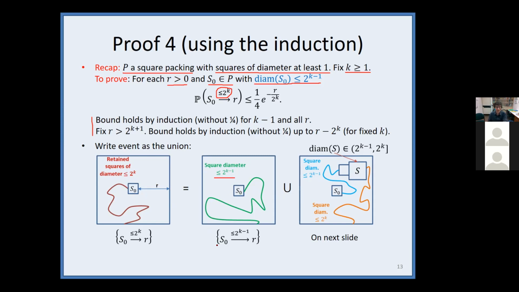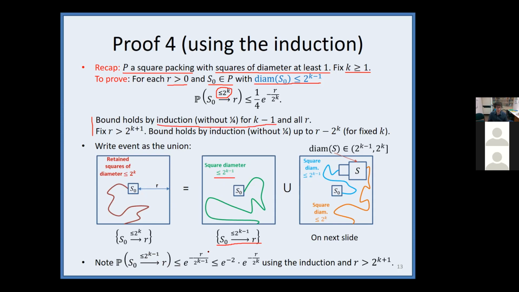Let us start with this easy case, when you go to the distance r using only diameter 2 to the k minus 1. In this easy case, what do you have? So the chance to go to distance r with 2 to the k minus 1, by the induction that holds up to k minus 1, is at most e to the minus r over 2 to the k minus 1.